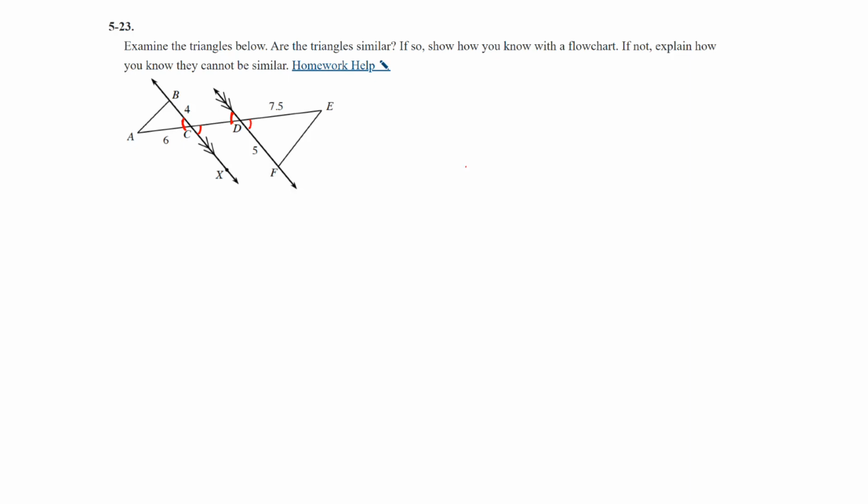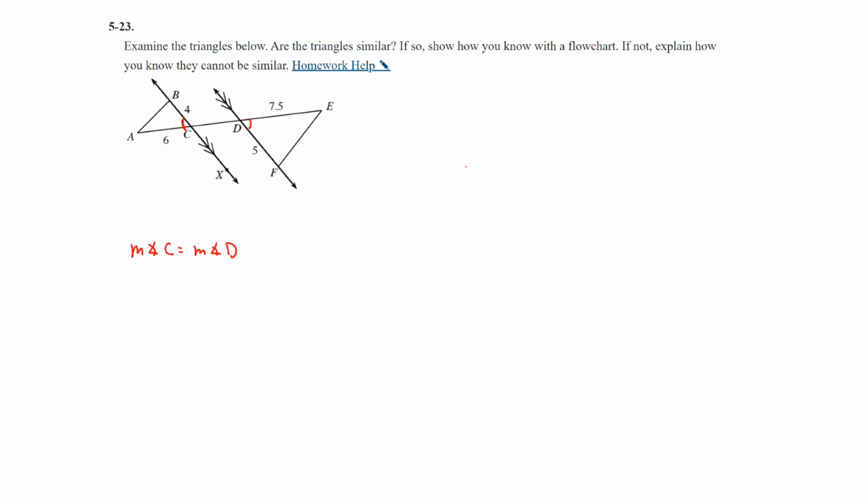So what does that tell us about the triangles? I'm going to get rid of this one and this one because those are not part of the triangle. And so now we know that the measure of angle C is equal to the measure of angle D, which is important to prove that they're similar.